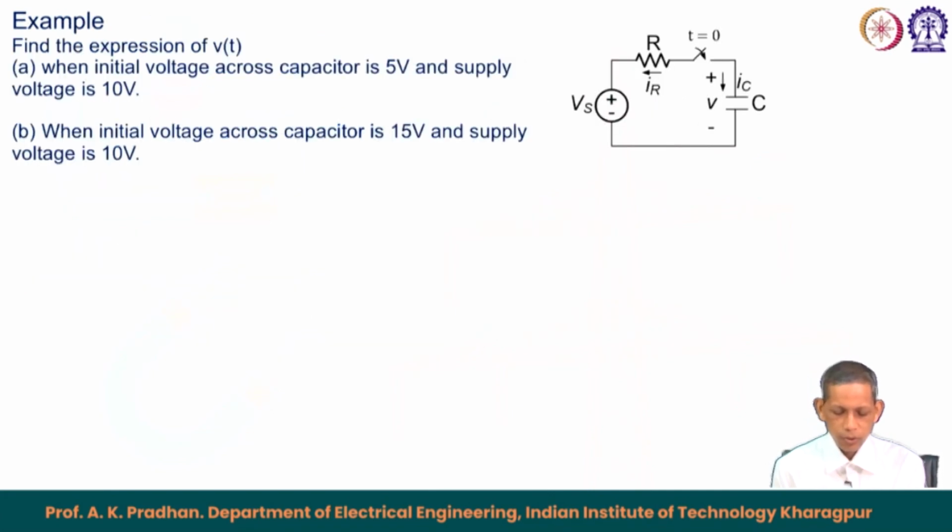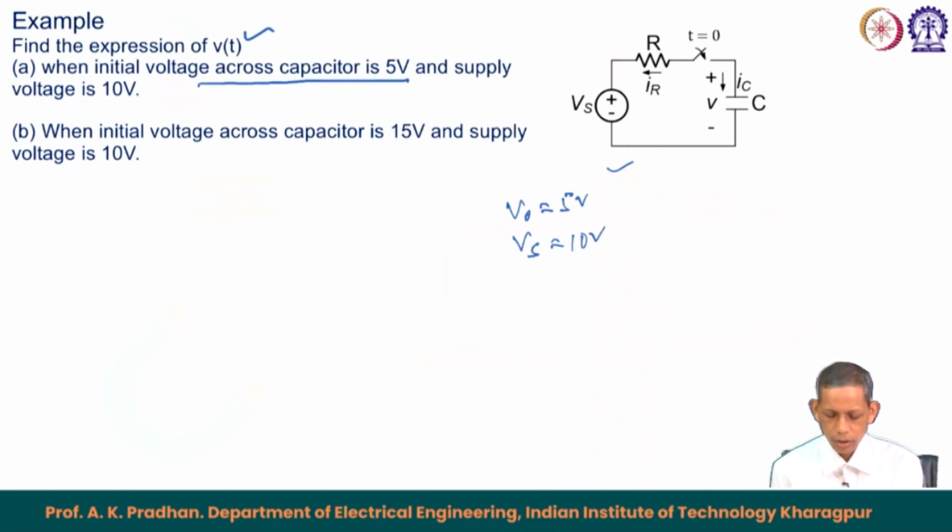So, let us have an example. Find the expression of v(t) for this circuit, the same circuit we have to analyze, when the initial voltage across the capacitor V0 is 5 volt, and the supply voltage Vs equals 10 volt.